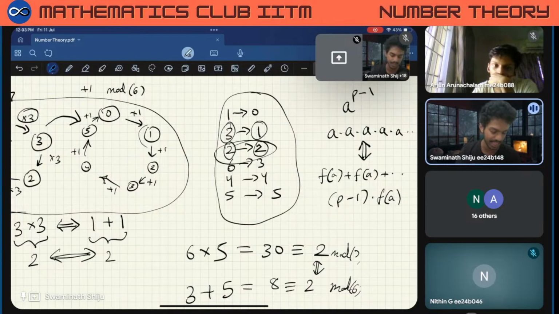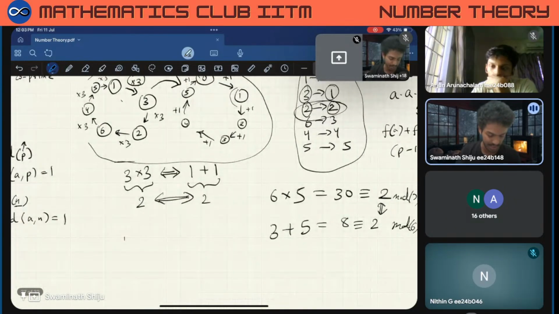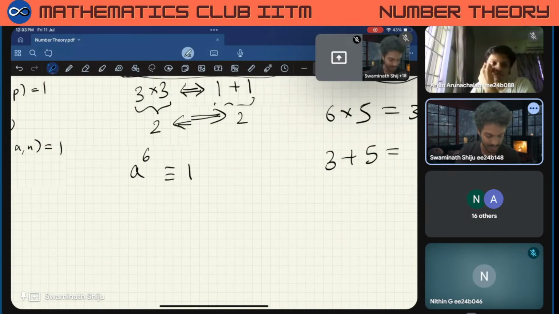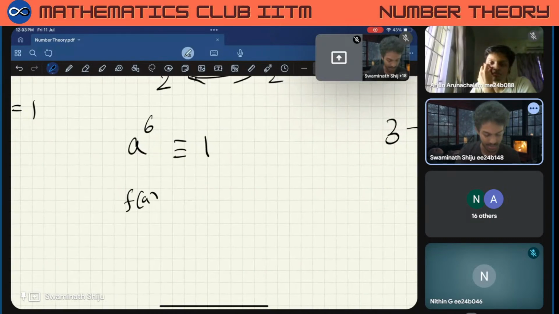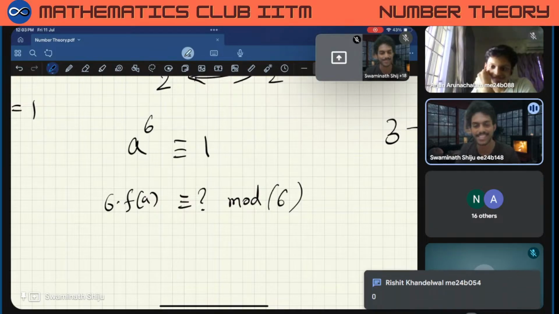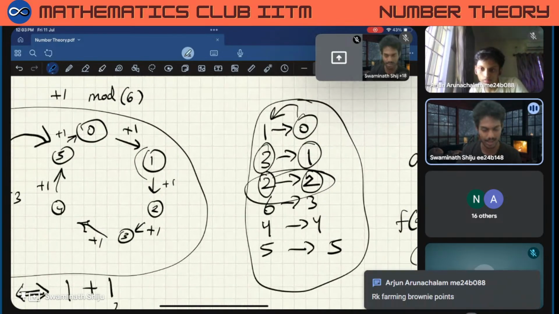So in the case of 7, we wanted to prove a to the power 6 is always equal to 1. So consider this. f of a added 6 times is equal to what mod 6? What is 6 times something modulo 6? You just did congruence. Yes, it's 0. When you look at the map, what does 0 correspond to? 0 is 1.